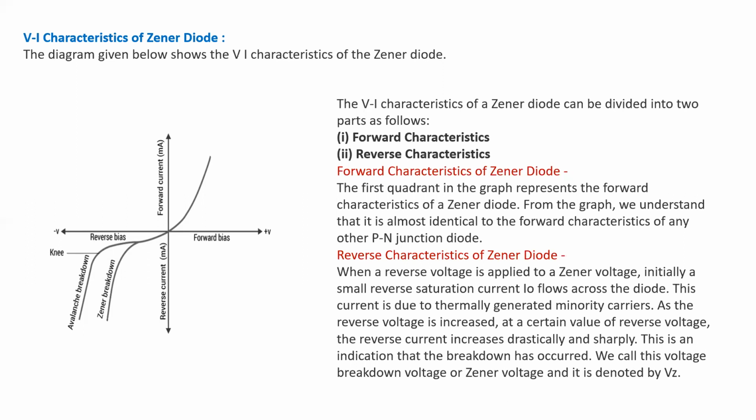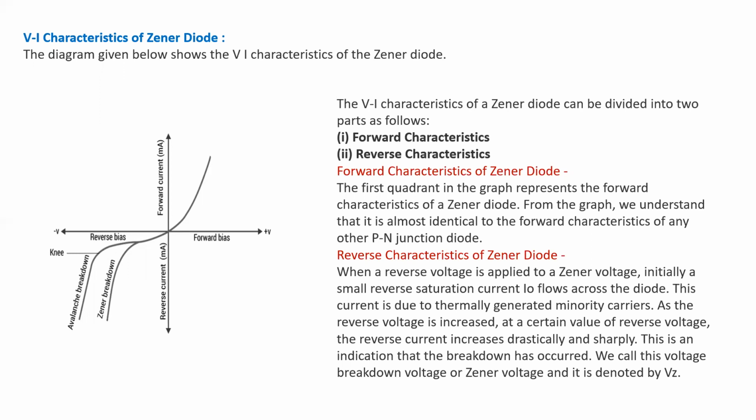Here, in forward bias conditions, the waveforms for this diode are identical to a semiconductor diode. And when it is connected in reverse bias conditions, that is anode connected to the negative of the battery and cathode connected to the positive of the battery, at that time it gives the outputs in the third quadrant as shown in the figure.